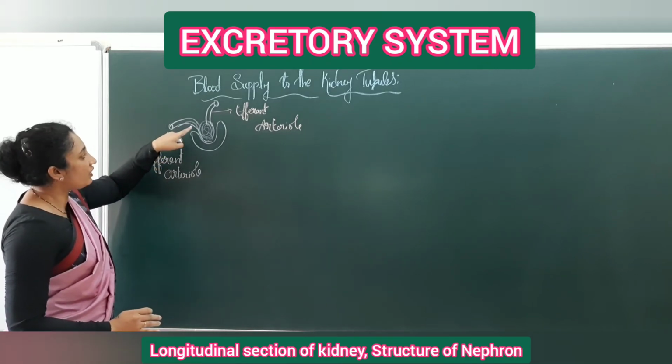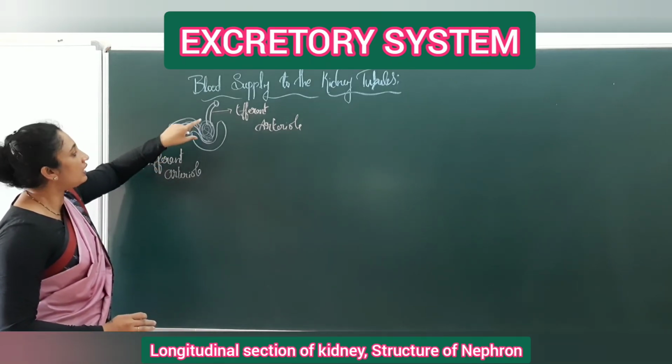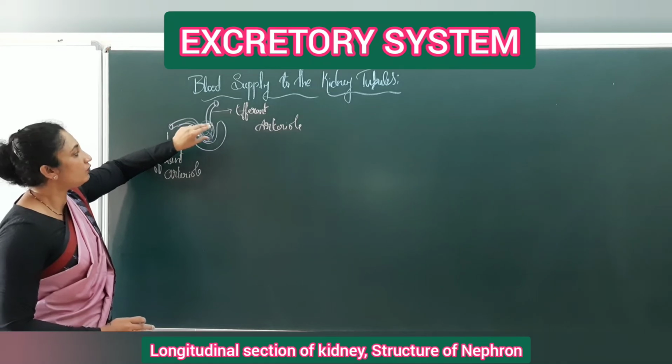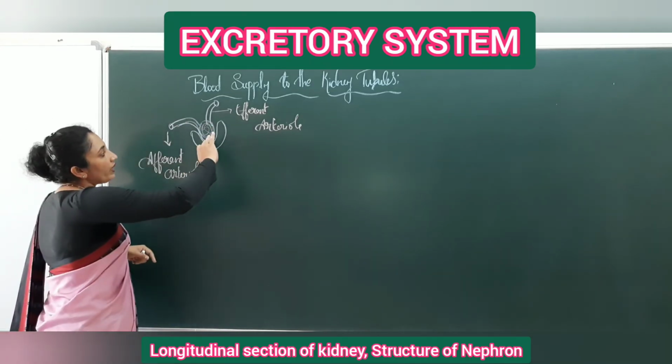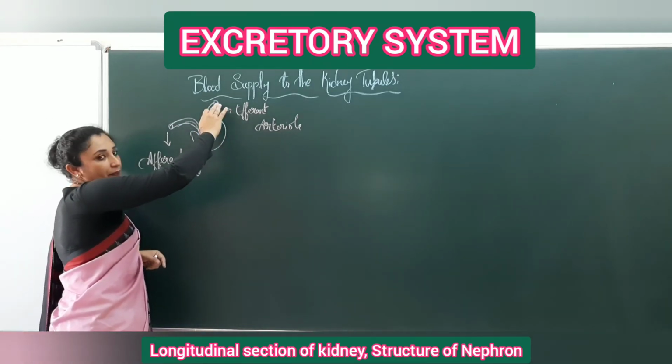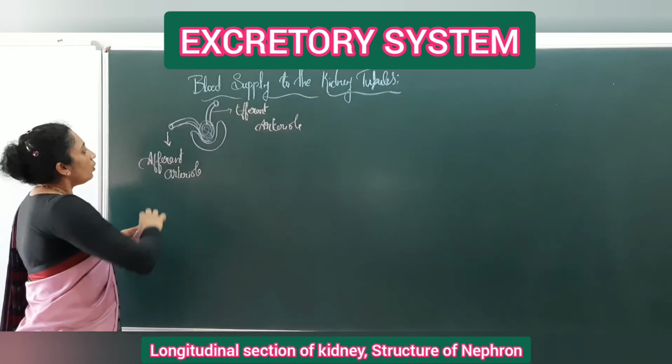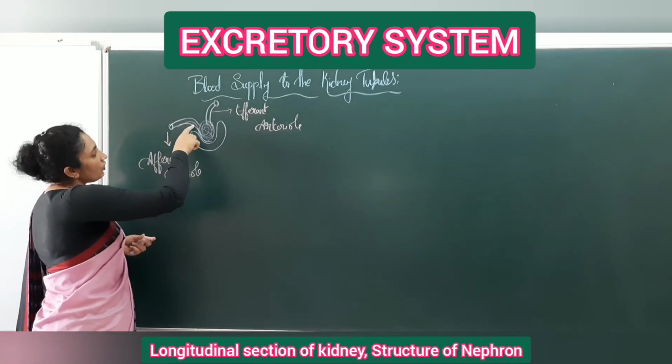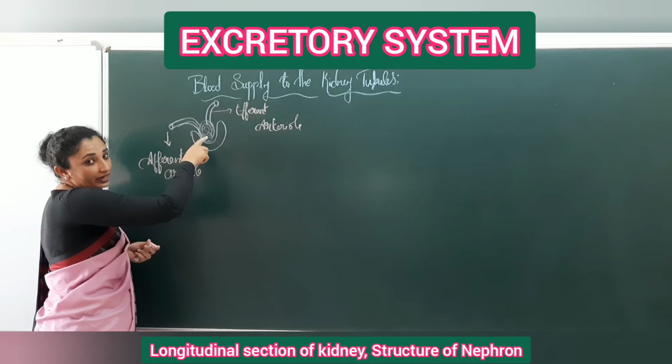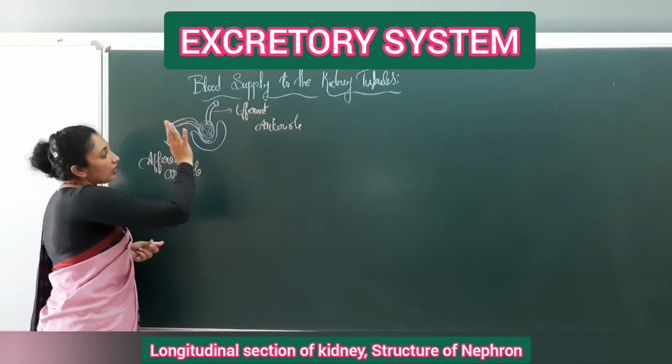So when it is entering in, it is bringing in blood which is full of waste, and when it emerges out, it will be pure. So this afferent arteriole brings in the blood which will be impure.